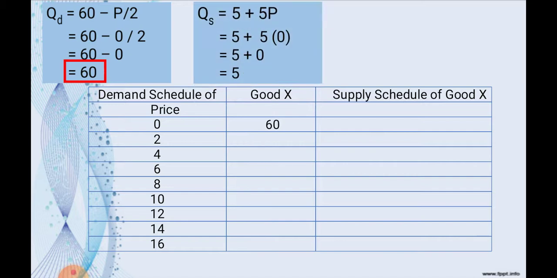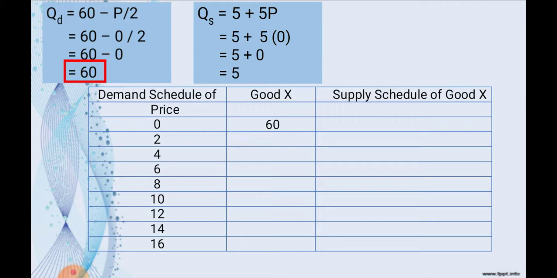And then next is Q sub S, our supply schedule of the good. Q sub S is equal to 5 plus 5 times P, the price. Since the price is 0, we have 5 plus 5 times 0.